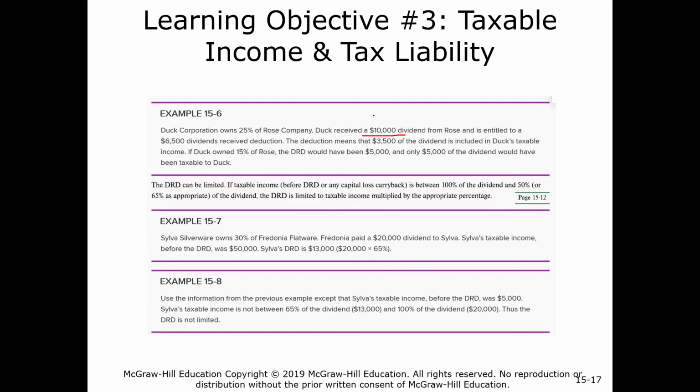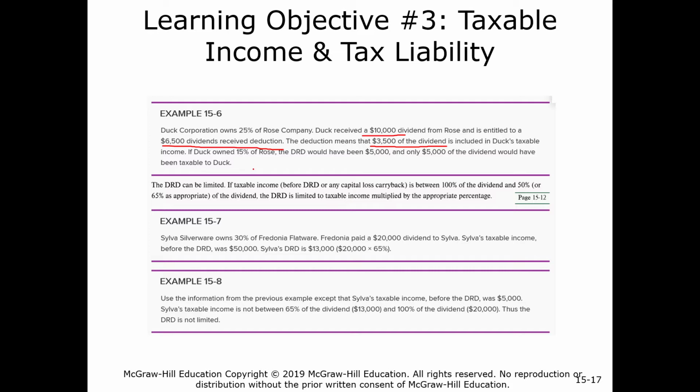That means 65% of that will be our dividend received deduction. So in essence, we are paying taxes on the difference, which is $3,500. Okay, so we have saved ourselves $6,500 of paying taxes on that amount.